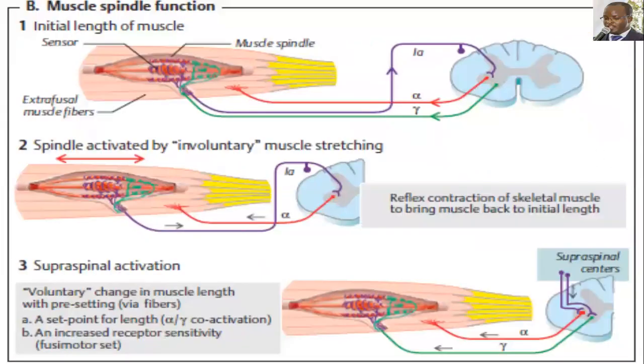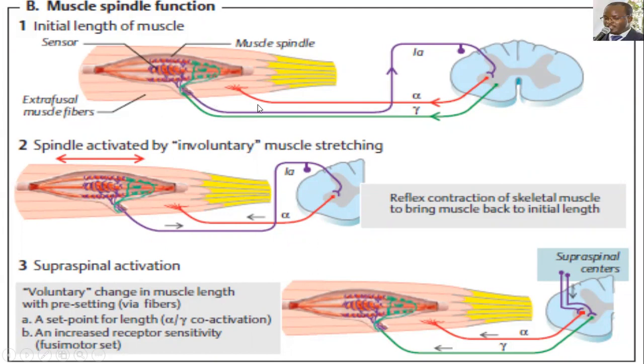So how do they work? If there is stretching of the muscle, it's going to stretch the intrafusal fibers, which will stimulate the sensory fibers. So the sensory fibers are going to fire an action potential. So you can see you have type 1A fibers, which are sensory, the primary nerve endings.